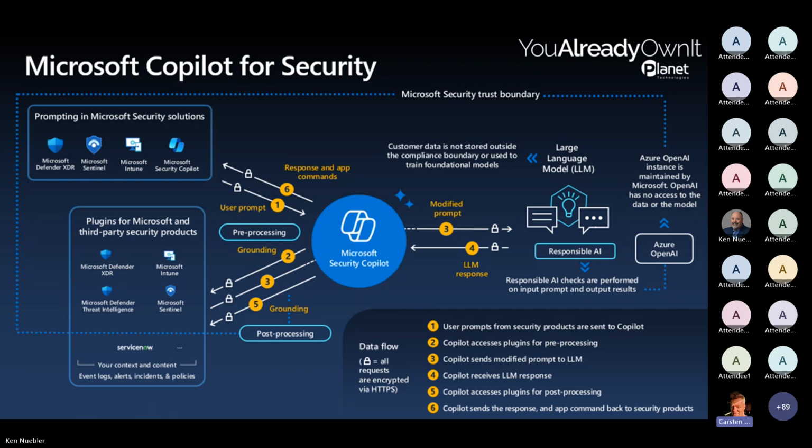Then that becomes number 3 in this step, where the modified prompt is sent into the large language model on the back end that will respond with something, which is again grounded. And it's sent back, making sure that the response from the LLM itself carries on the intent from the initial prompt. In other words, we go back to the grounding and make sure that this makes sense also from a Microsoft Sentinel perspective. Excellent, excellent.